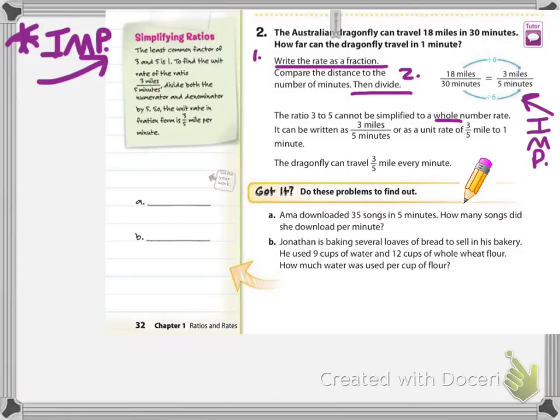Australian dragonfly can travel 18 miles in 30 minutes. So your first step is to write the rate as a fraction. Then your second step is to divide.